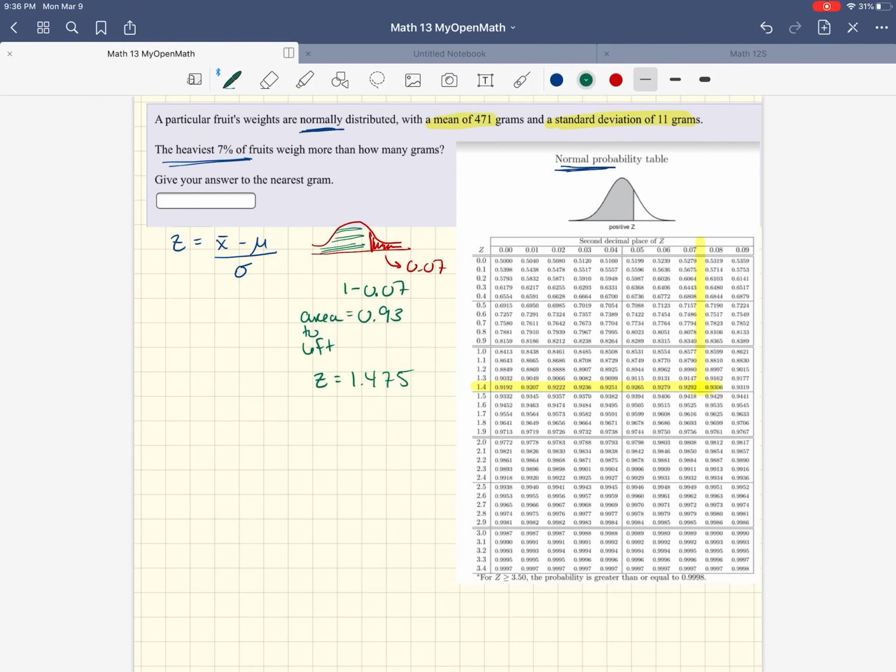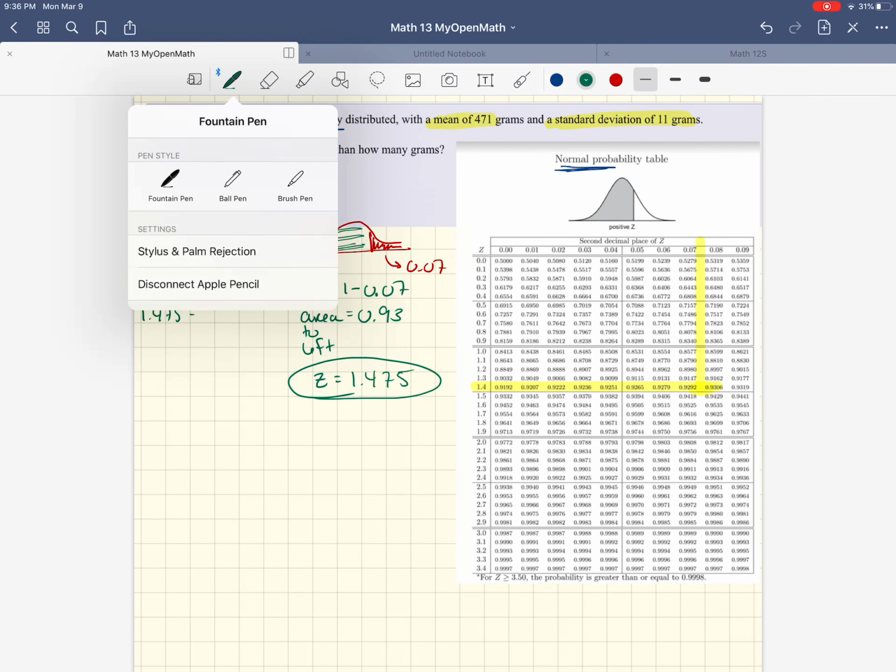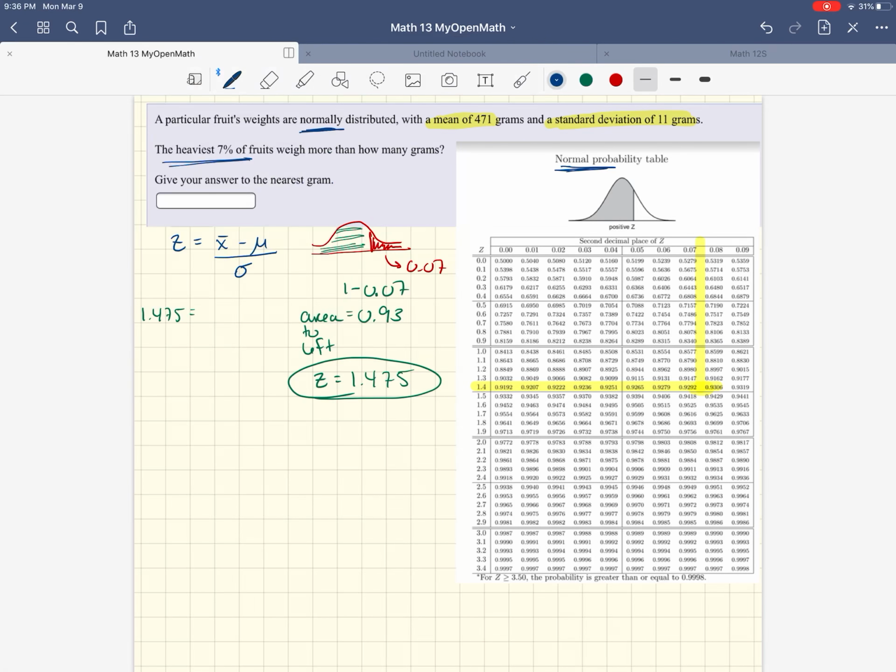Okay, so here's what we're going to do. We're going to plug that in for our z. So 1.475 equals the x value, which we don't know, minus the mean, which is 471, divided by the standard deviation, which is 11.